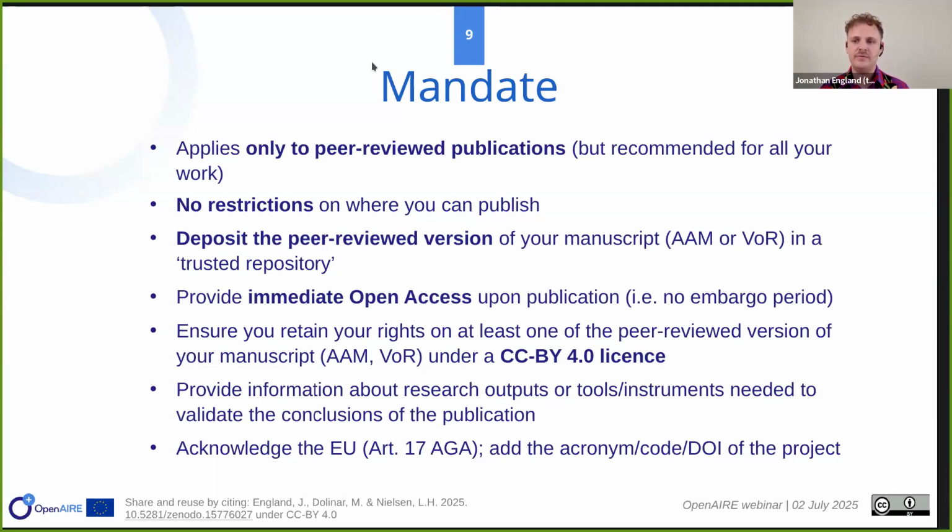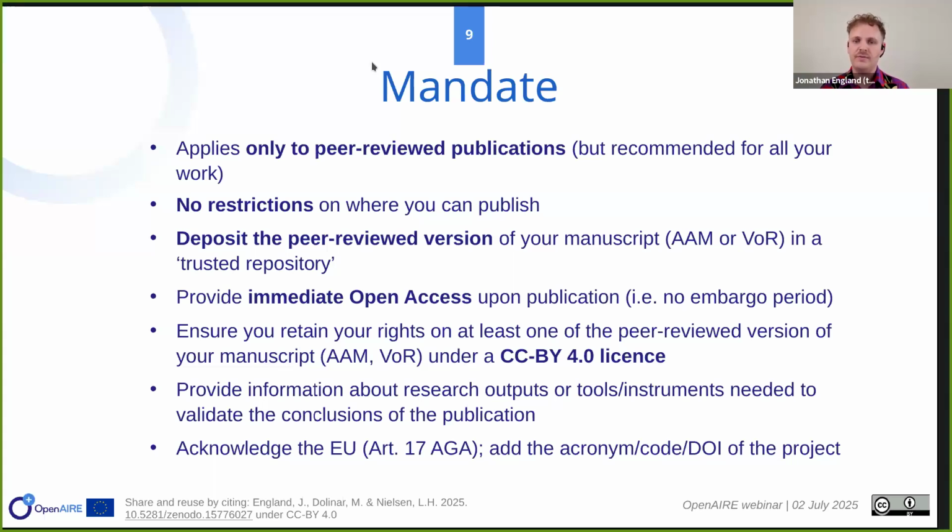So it is recommended for any type of work that you create throughout the project, but only peer-reviewed publications fall under the mandate. Really important aspects: there are no restrictions where you can publish. We will see that there are some restrictions in terms of how you pay for open access, but you are not restricted on where you can publish.